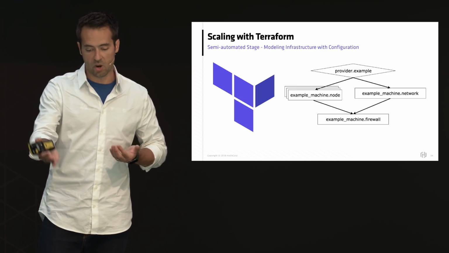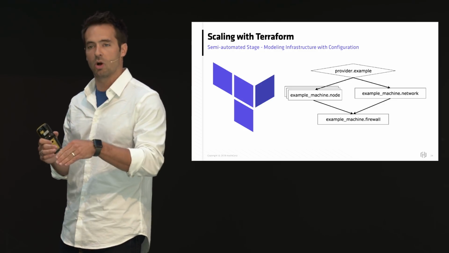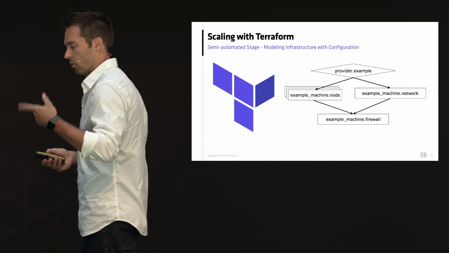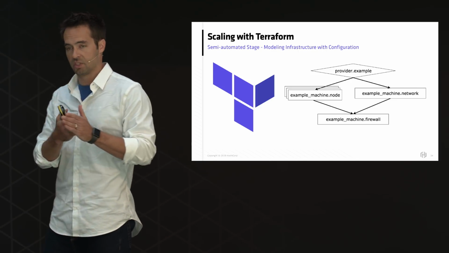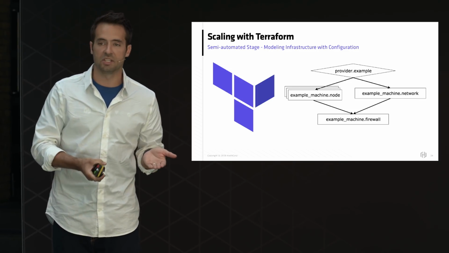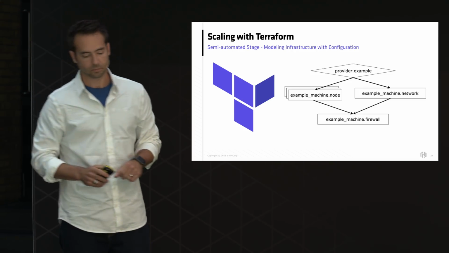So those 3 nodes can be created at the same time as that network because they're not related. It's the firewall thing that needs to wait for those other things to be created before it can use those. It understands the topology, it understands how things are related, and that ties into your reusability because it knows how to get to that point.